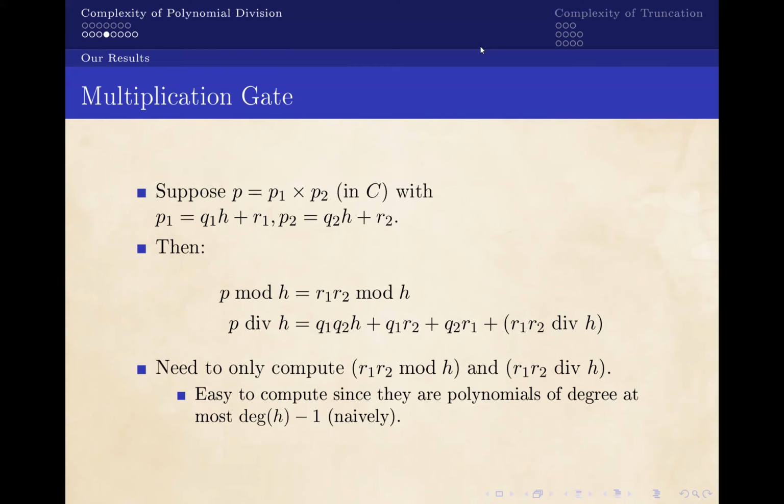So for every gate of C, I might create d_H many gates in the new circuit. So I get a circuit of size, the size of G times d_H, where d_H is the degree of H. So we pay a blow up of the degree of H.